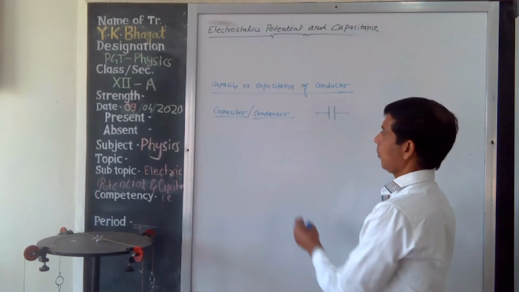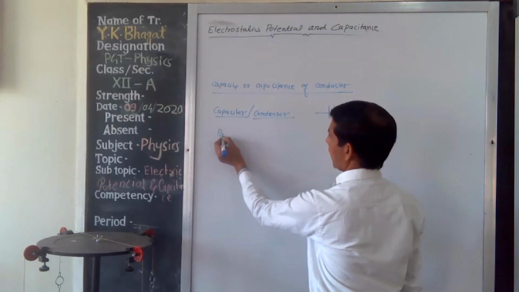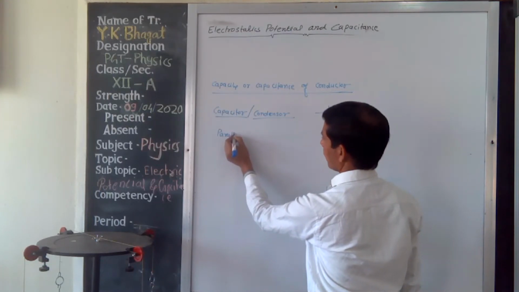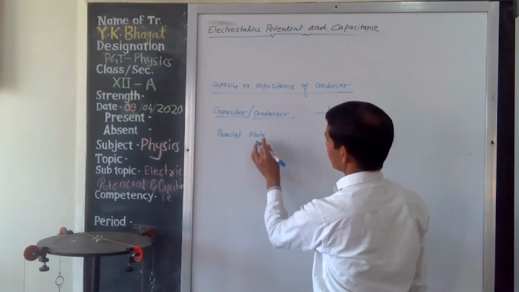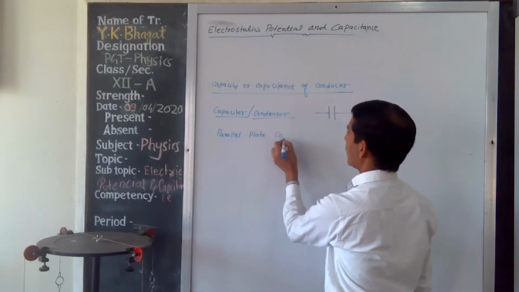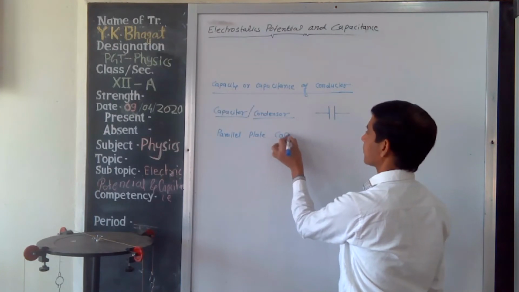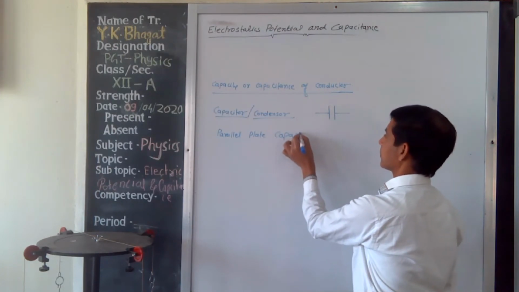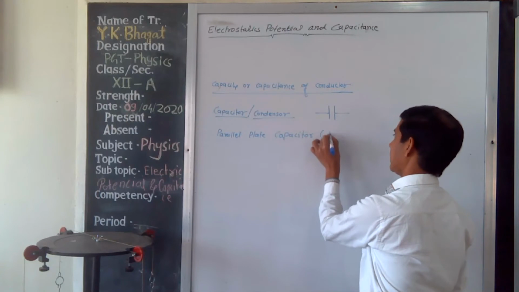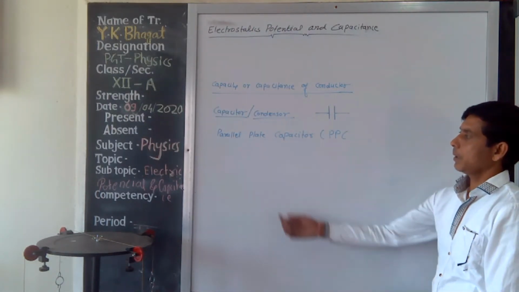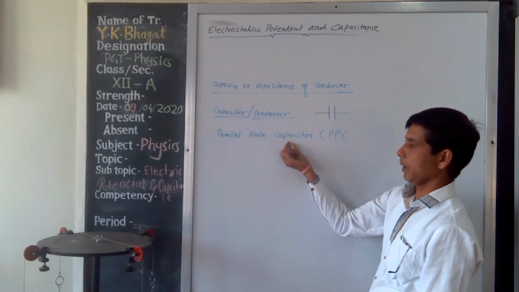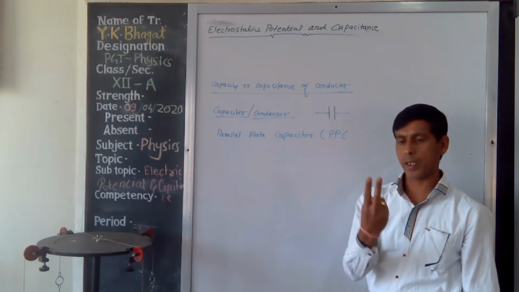So now we discuss the parallel plate capacitor, short name PPC. As the name says, it consists of two parallel plates.